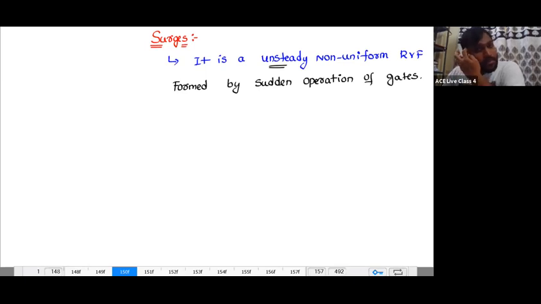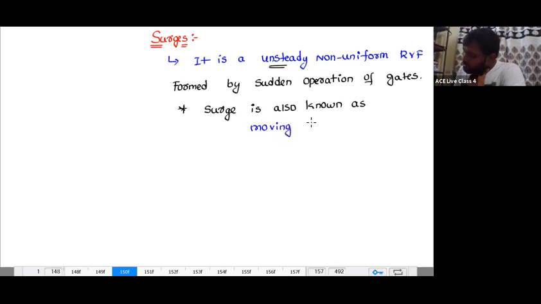By sudden operation of the gates the surge is formed, and this surge is also known as a moving hydraulic jump. Keep that in your mind.